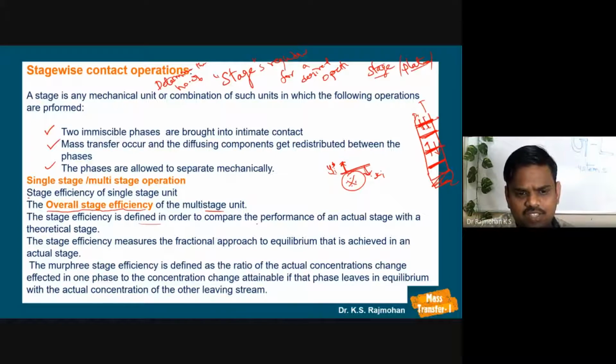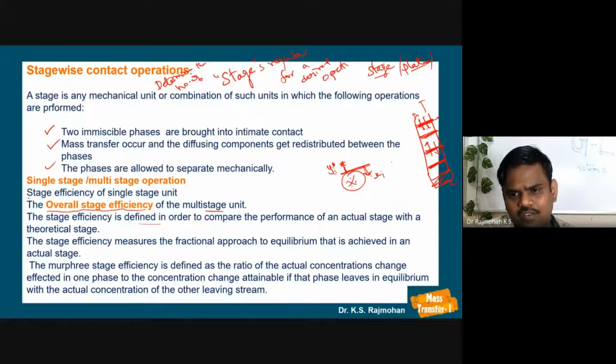What is stage efficiency? Why do we have to define it? The stage efficiency is defined in order to compare the performance of an actual stage with a theoretical stage. Theoretically we can say this will be the concentration, but when you actually measure the concentration on each plate, obviously it is not going to match. It is going to be less than the theoretical one.